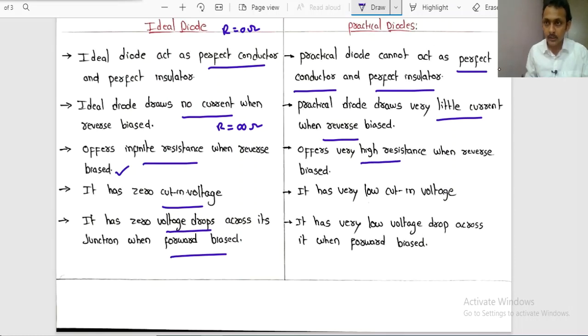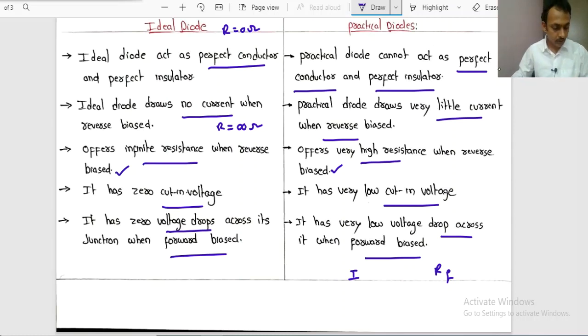It offers some resistance, the magnitude will be high but not infinite, right? When it is reverse biased, it will also have some very low cut-in voltage, and there will be some amount of voltage drop across the diode when it is forward biased due to the internal resistance offered by the diode, some RF forward bias resistance. Because of the current flow through the diode, there will be some voltage drop in the diode, right?